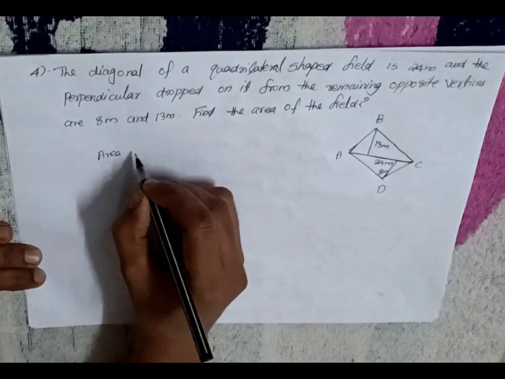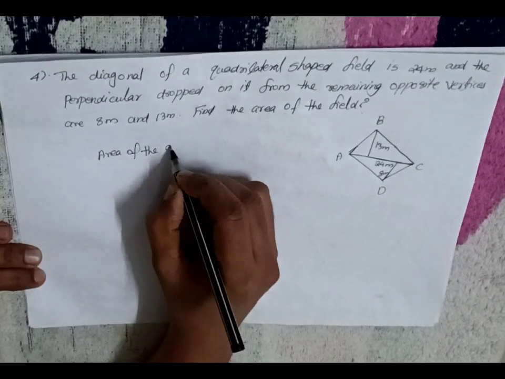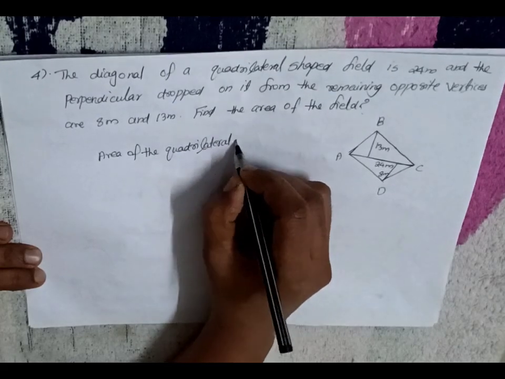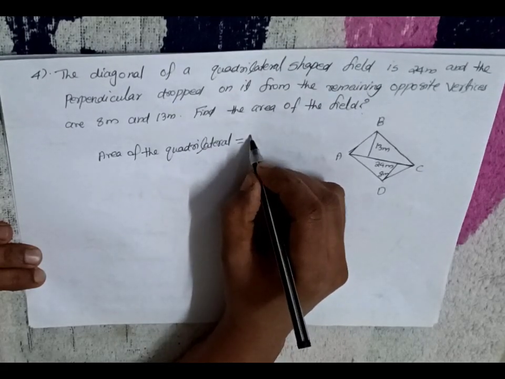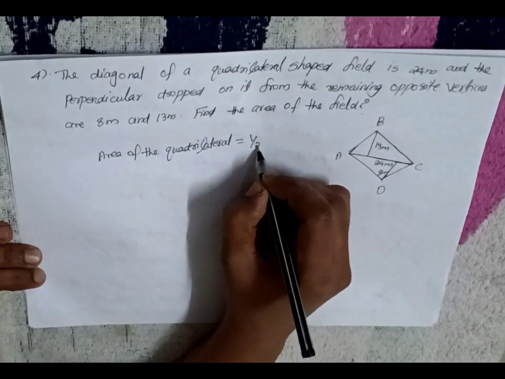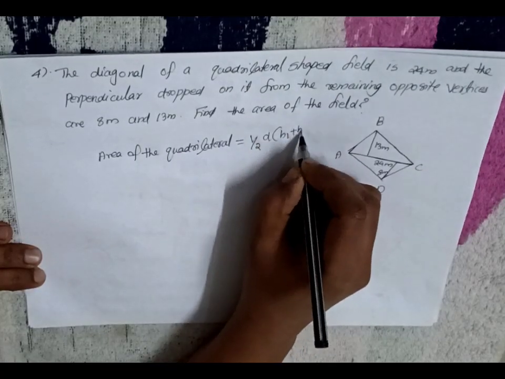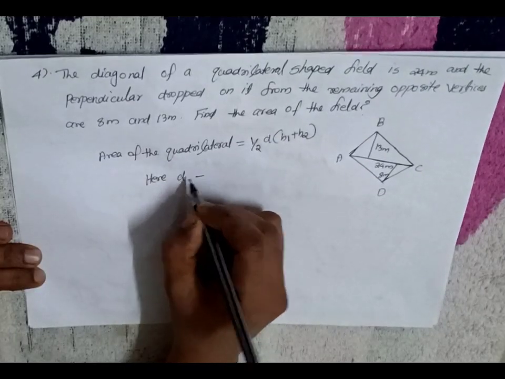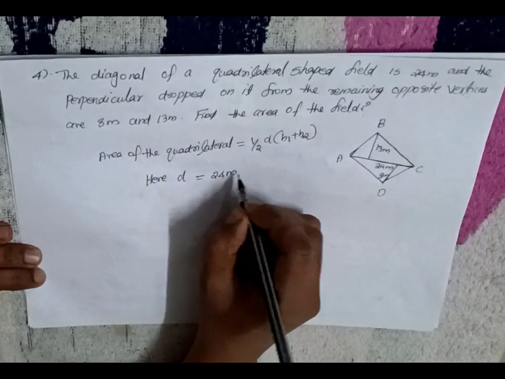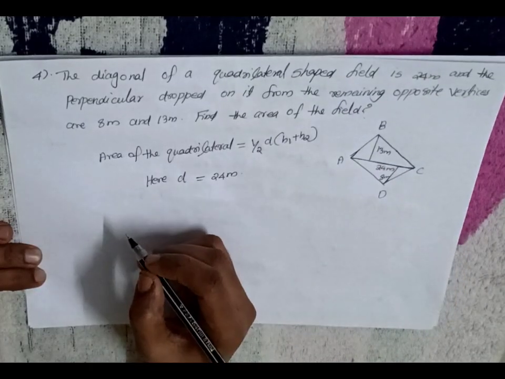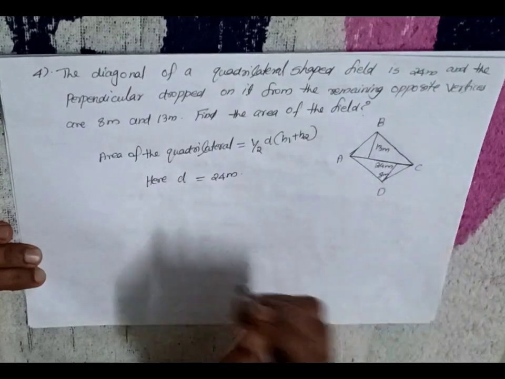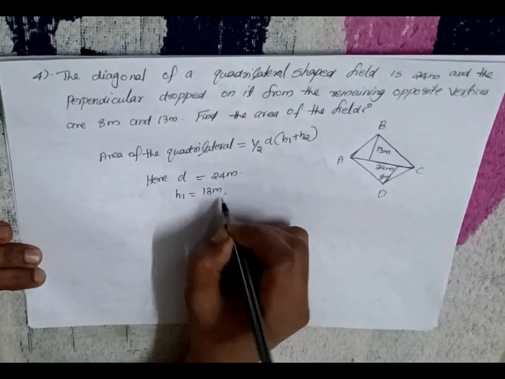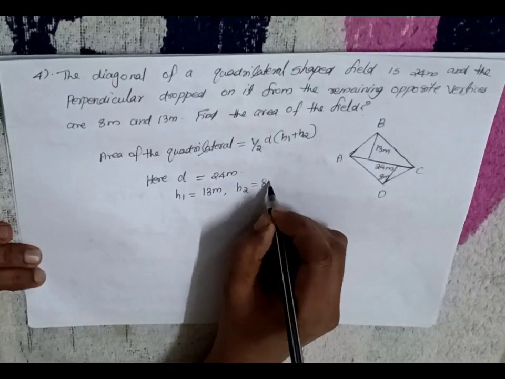We know that area of the quadrilateral is equal to half into d into (h1 plus h2). Here diagonal d equal to 24 meter and the perpendicular distances on this diagonal are 13 meter and 8 meter. That is, h1 equal to 13 meter and h2 equal to 8 meter.